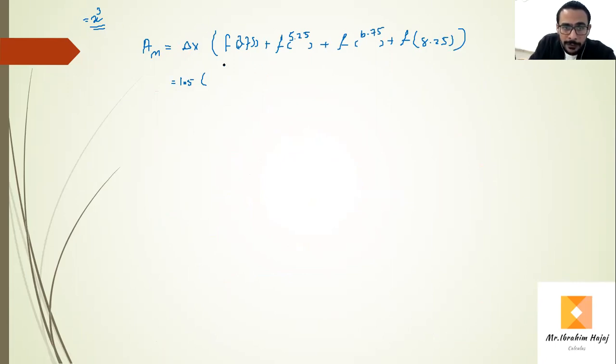Delta x 1.5 and f of 3.75 cubed. What is 3.75 to the third power? It's 52.73. And then plus f of 5.25, meaning 5.25 cubed.